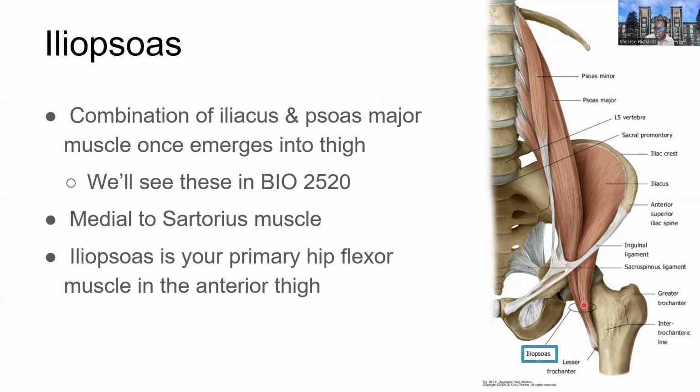Because this crosses over into the thigh, it's going to help to flex the thigh. Flexion of the hip, flexing of the thigh, will be the main action here. But think about it as two muscles in the abdomen and pelvis, and then one muscle in the limb itself, in the thigh.